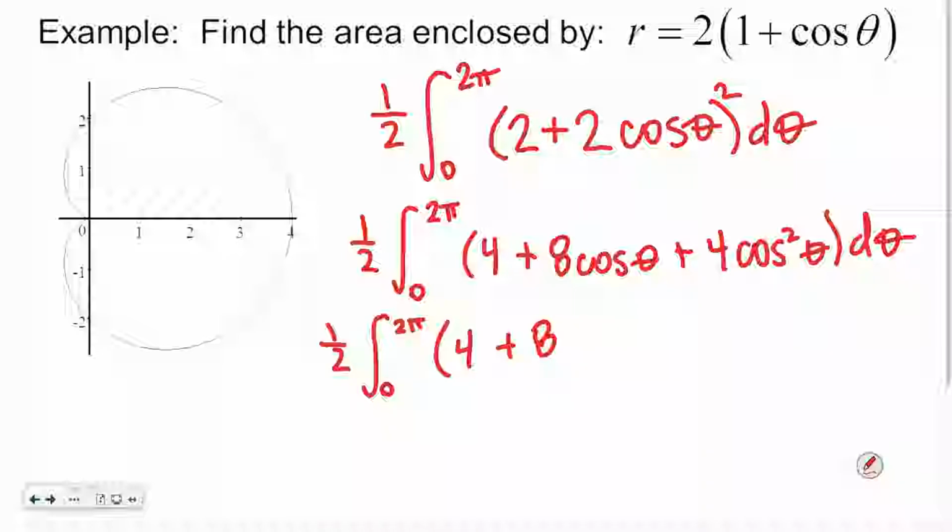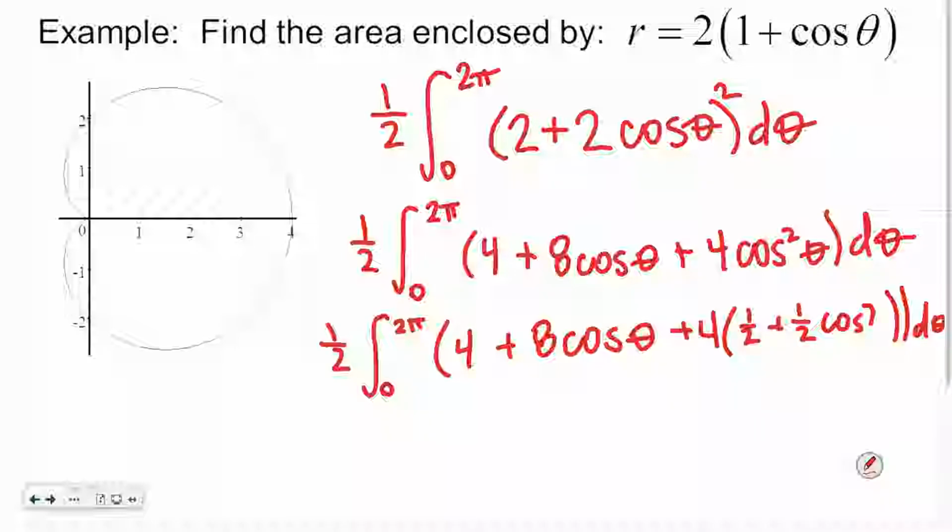Cosine squared is 1 plus cosine of 2 theta over 2. What's nice about the power reducing formula in this case is that since we're not using trig substitution, we don't have to change it back.